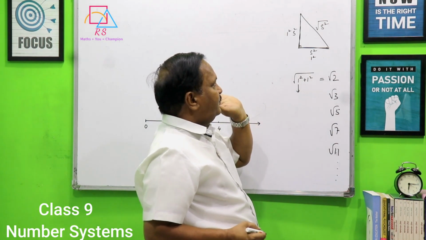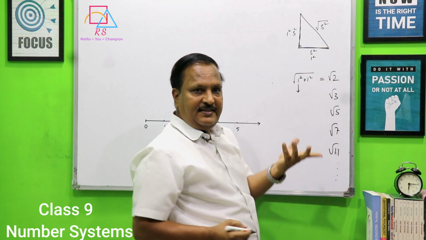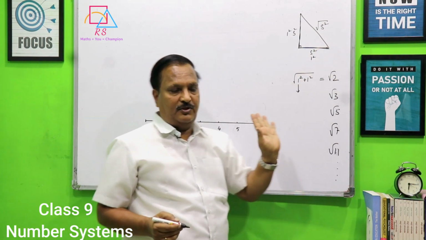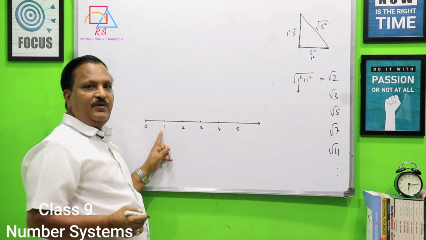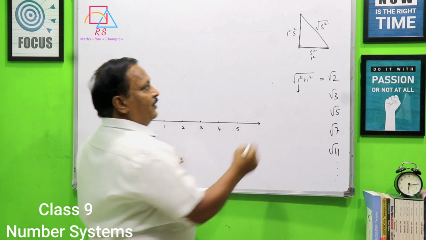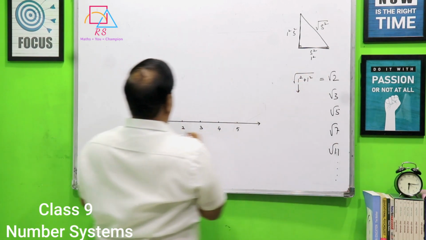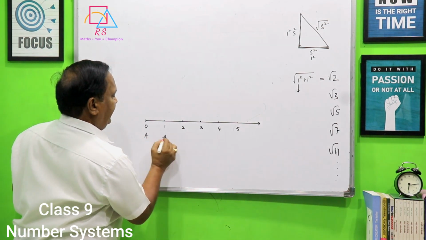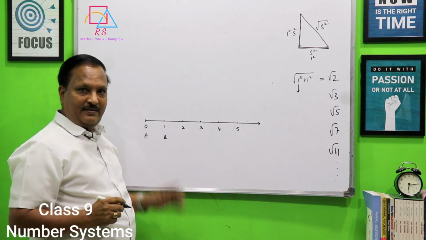Okay. So now 1 is easy to locate on the number line, whereas root 2 is not possible. So 1 can be easily located. So this is 1. Now that means the base we have already got. That means let us say this is A and this is B. AB is 1.